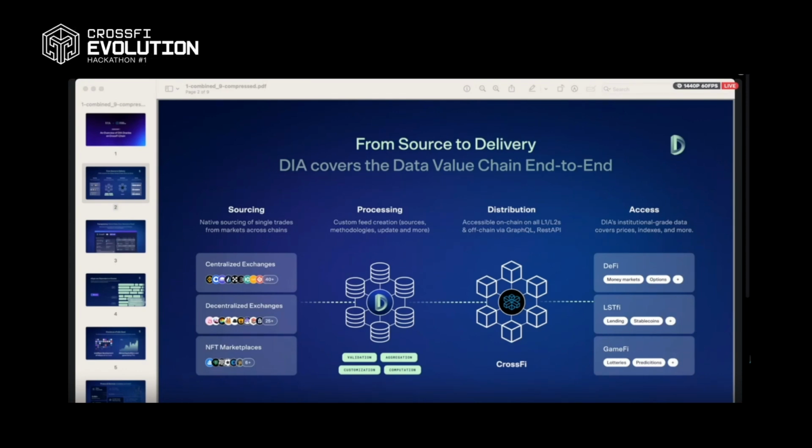you might launch a token. And of course, you'll probably provide liquidity on one of the top CrossFi DEXs, maybe 1, 2, or 3 of them. What DIA is offering is the ability to scrape those DEXs and provide price feeds for your tokens and assets as soon as they meet given liquidity and volume criteria, creating a robust price feed that can't be easily manipulated.